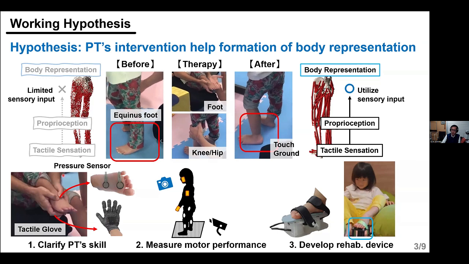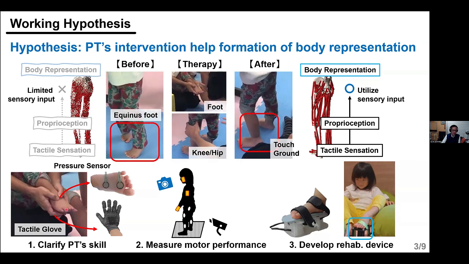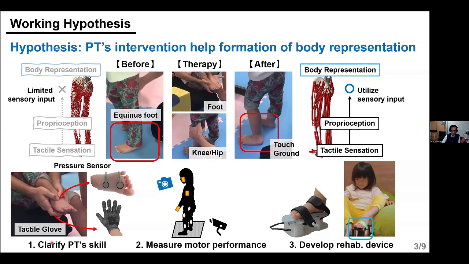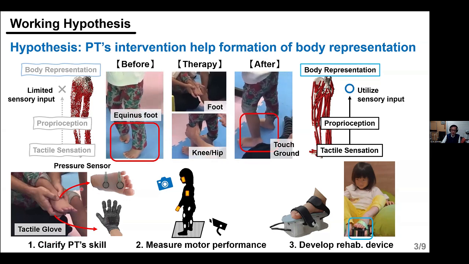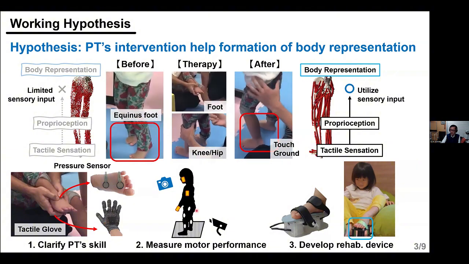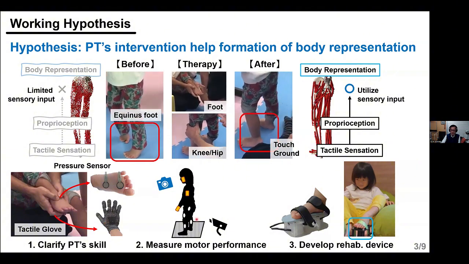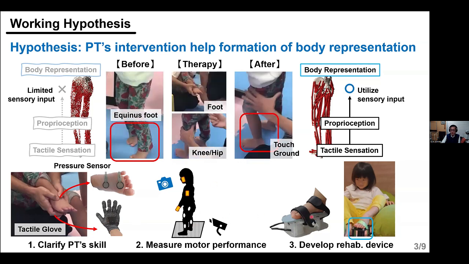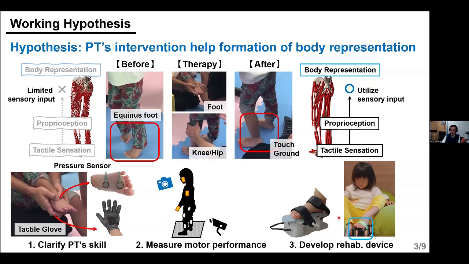Based on this hypothesis, we aim to first clarify how the physical therapist intervenes on the feet. We also measure the motor performance of the children to validate this intervention's effect, and we try to develop a rehabilitation device.